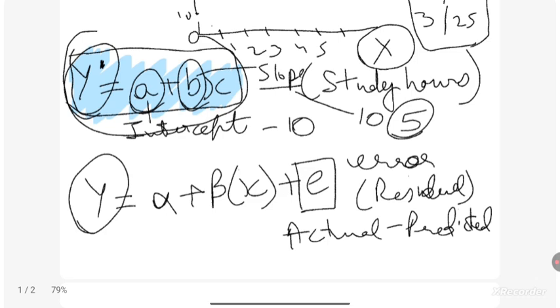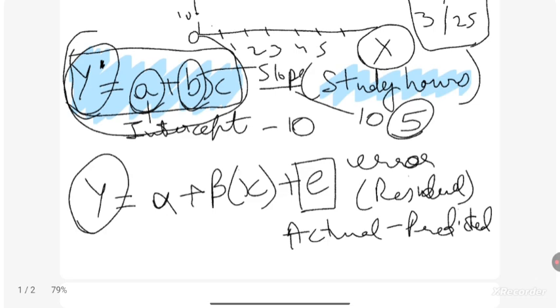It simply means that the marks of the students in a test are not just affected by study hours, they may be affected by other things also. They could be the intelligence of a student, or the knowledge or understanding of the student about a certain topic. But those variables we have not included in our study. That is why there is a scope of error.